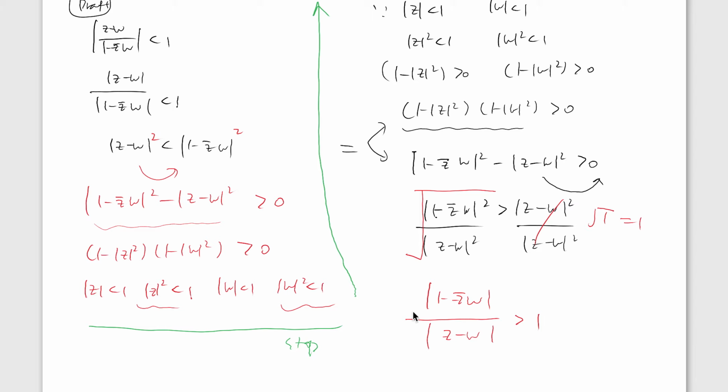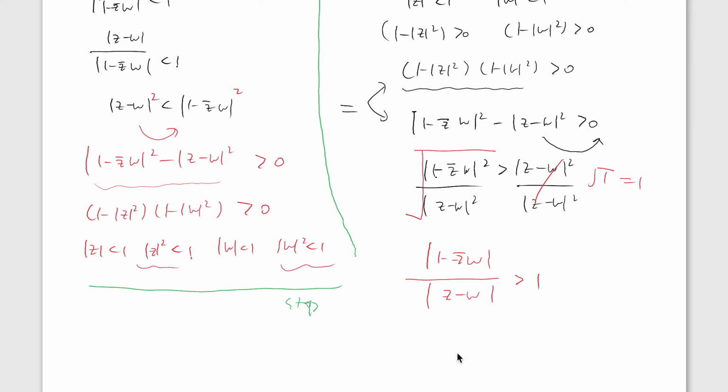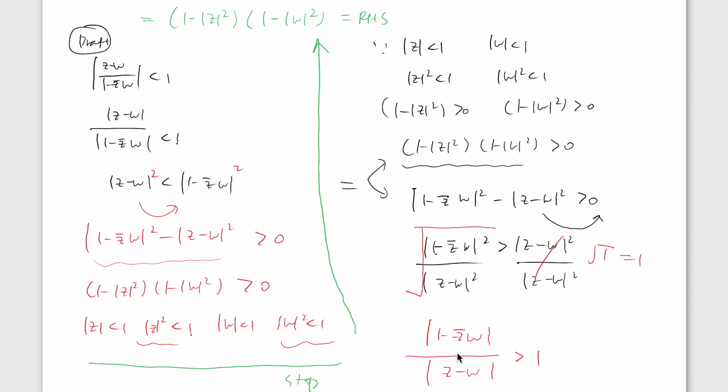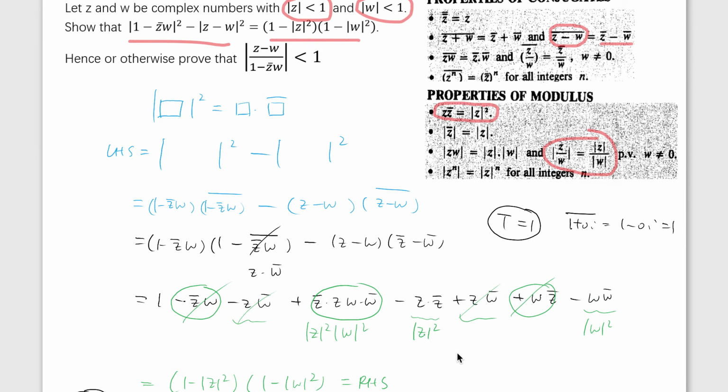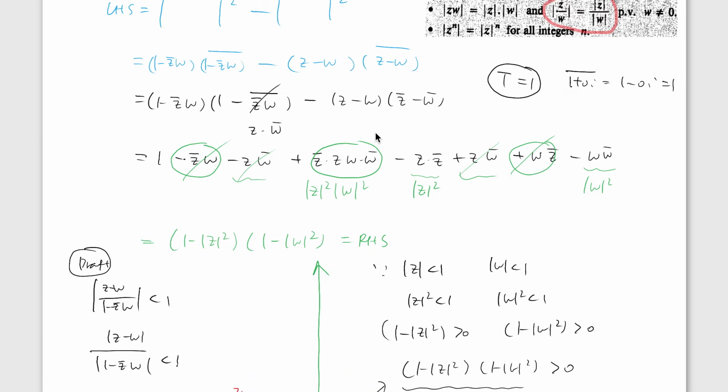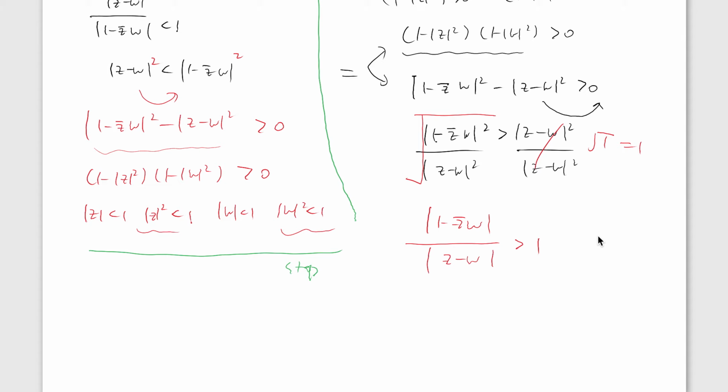And you can use the modulus properties to combine those two together. Also, in the actual question, they ask you about z minus w over 1 minus z w, so we can just flip both sides. So |z - w| over |1 - zw| is less than 1.